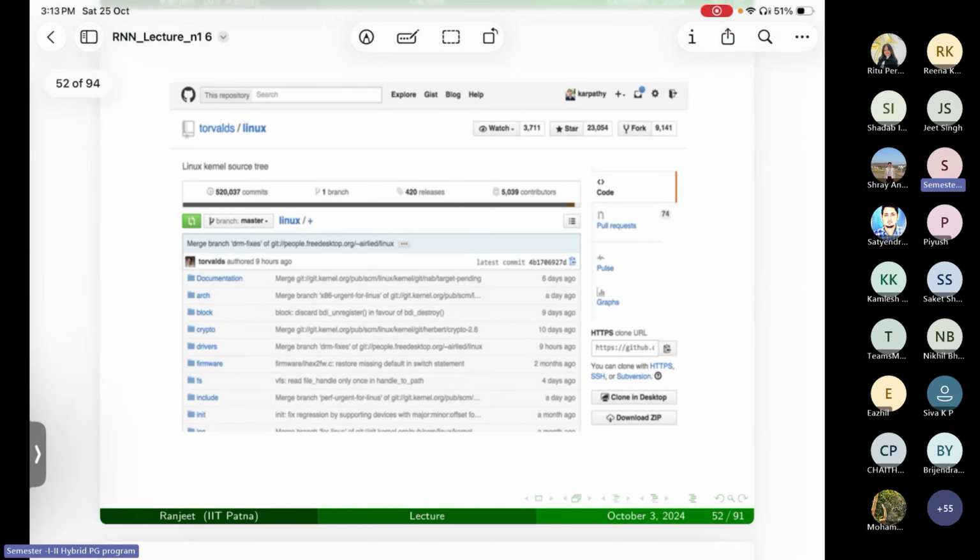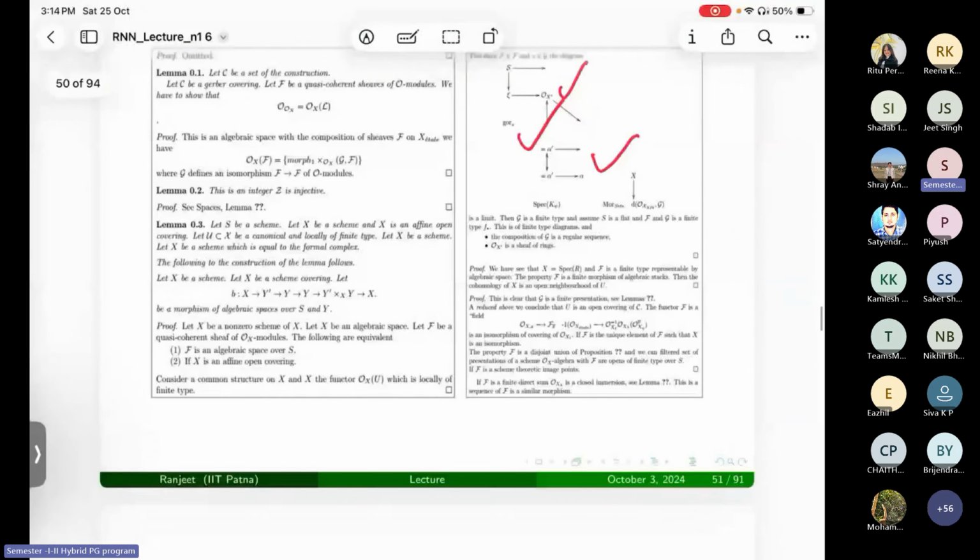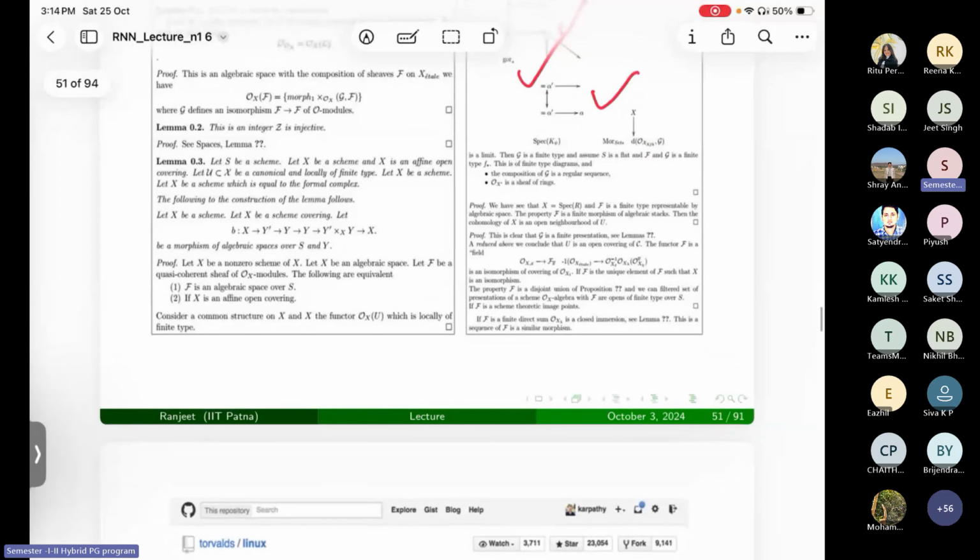So things were there. But nowadays we have better models or better architectures, or you can say faster models compared to this. Whenever I say fast model, that means training would be fast.